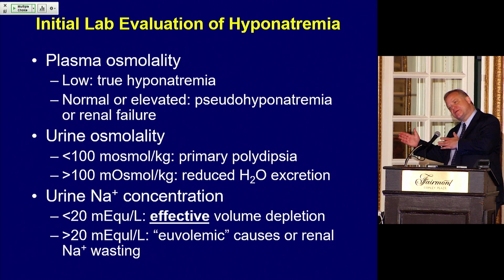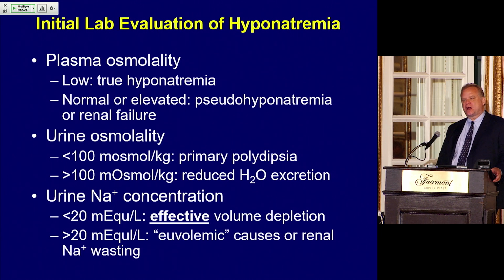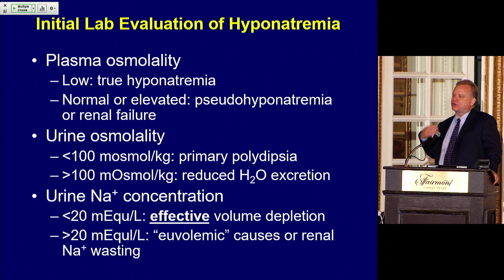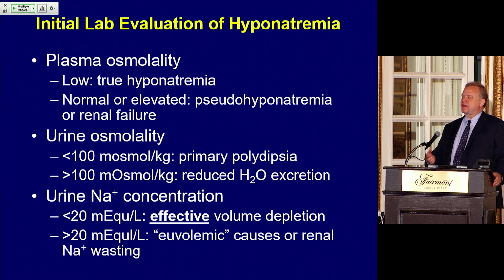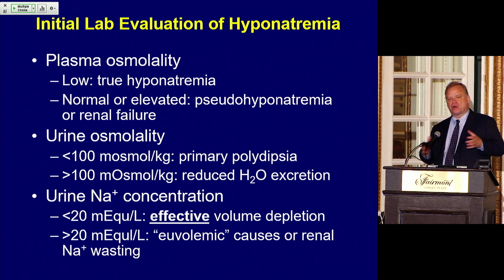Clearly, if you have somebody who has a urine osmolality of 800, they have really maximal urinary concentration. The patients in between, so somebody that comes in with SIADH and they have a urine osmolality of 250, usually if you go back to the bedside, they do have a pretty generous water intake. So there are people that have both a high level of vasopressin and some increase in their water intake.